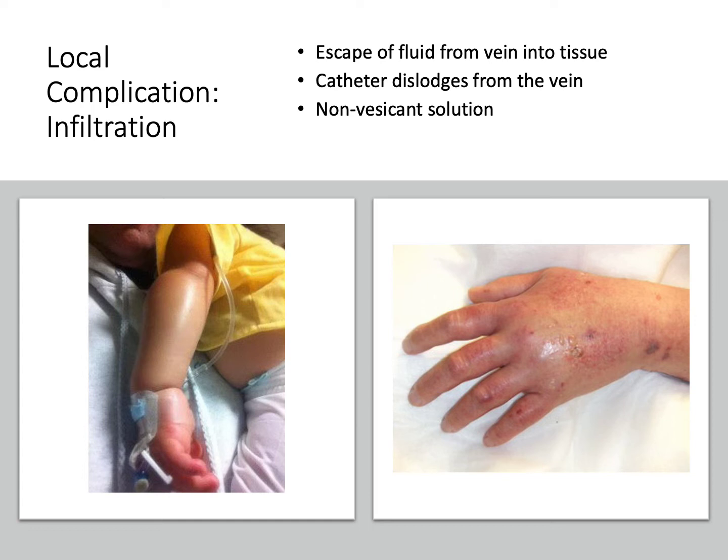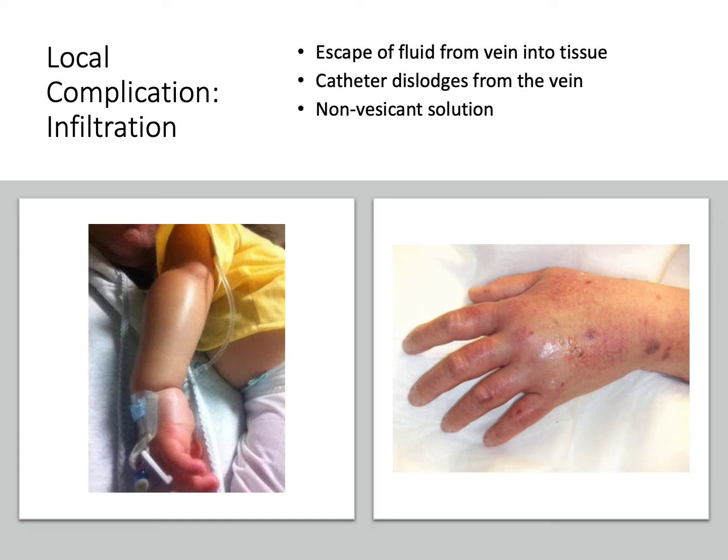Both of those words, infiltration or extravasation, refer to the fact that we have accidentally administered fluid into the surrounding tissue instead of into the blood vessel where it was meant to be. There is escape of fluid from the vein into the surrounding tissues. The catheter has dislodged from the vein. It's not in the vein anymore where it's supposed to be.